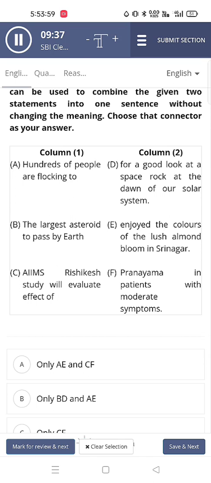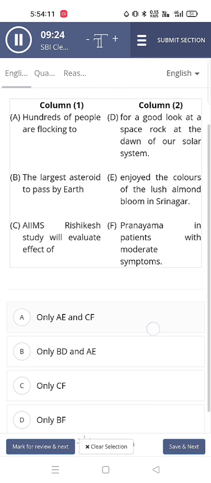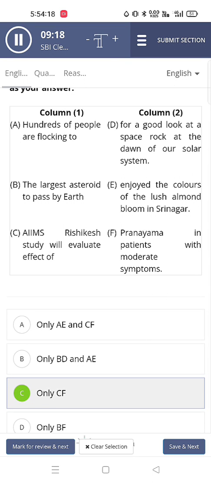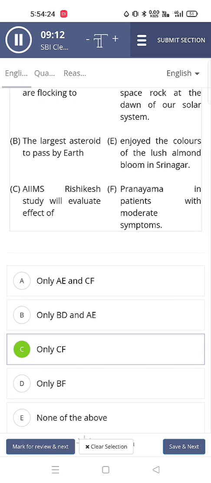The largest asteroid to pass by Earth for a good look at a space rock, no. AIMS Rishikesh study will evaluate effect of pranayama in patients. So C and F is a pair, and C and F is given in A and C. So we will check A with E. Hundreds of people are flocking to enjoy it. It is wrong because after two we use the first form.